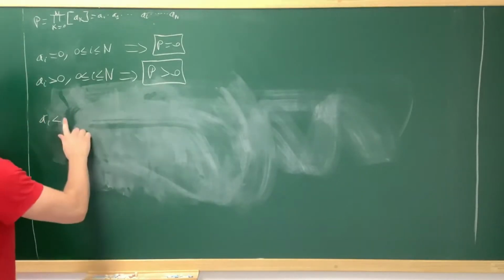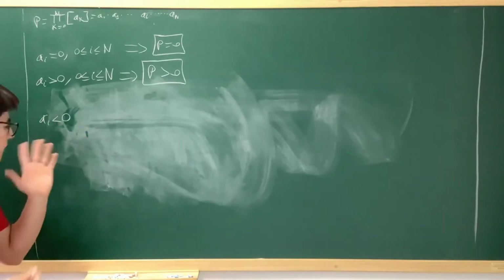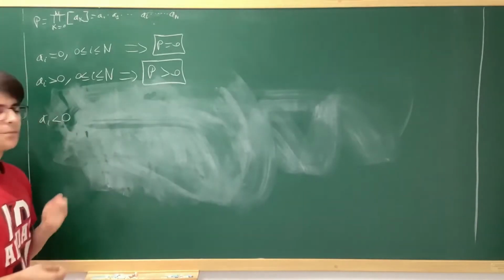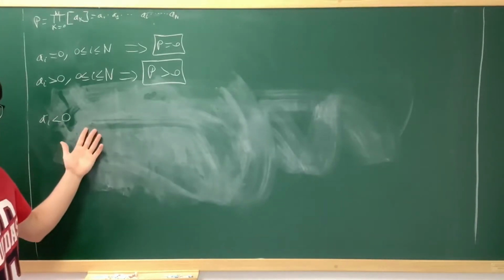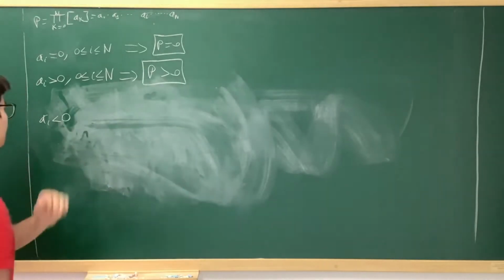Sorry, not really problems, but we have to think of a way to summarize the result. So that is, if it's negative, what will it be? Will the product be positive? Will it be negative? Well, it depends.